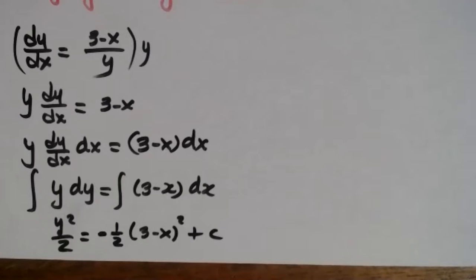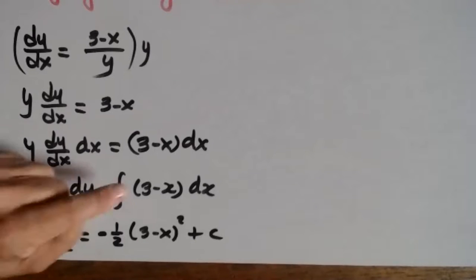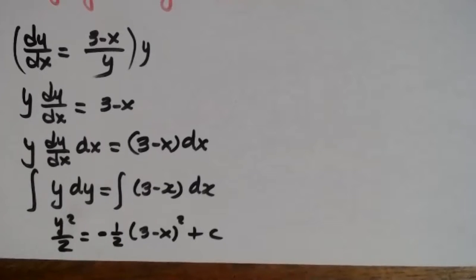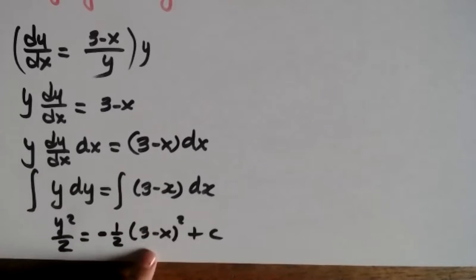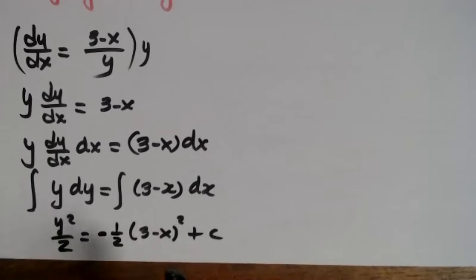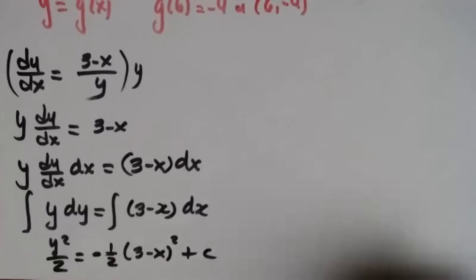All right. Everybody catch what happened from here to here? So the integral of y is y squared over 2. The derivative of this is y. And the antiderivative of 3 minus x is (3 minus x) squared times 1/2 negative. If you take this derivative, the 2 times 1/2 cancels, 3 minus x times -1 times this -1, you get this one. Okay?